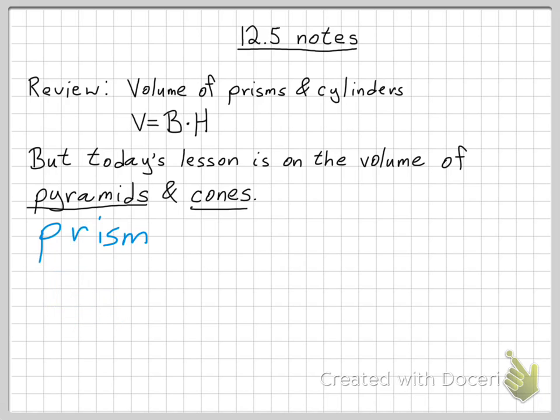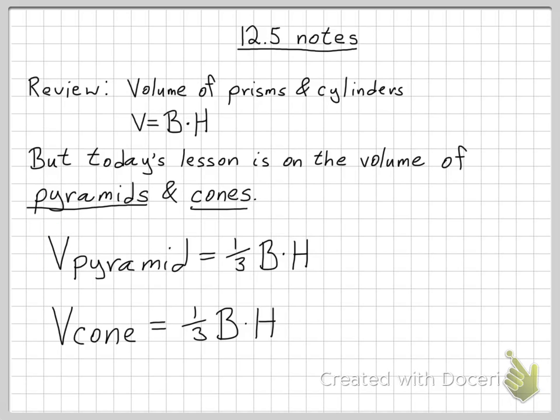So what is the formula for the volume of a pyramid and the volume of a cone? Well, the formula for the volume of a pyramid is 1/3 the area of the base times the height of the whole figure, and the volume of a cone is the same. It's the area of the base multiplied by the height of the whole figure, and then multiplied by 1/3.